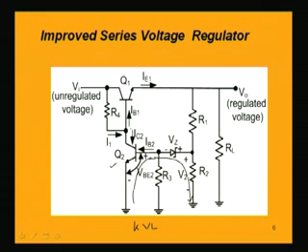We have to apply Kirchhoff's current law at this node, at this point. If we apply KCL, sum of the incoming current equal to sum of the outgoing current. What are the incoming currents at this point? We can see here that one current is coming through R4. Let us name it as I1. I1 is the incoming current, IC2 is the outgoing current, that is the collector current for the second transistor, and the other outgoing current is IB1, which is the base current for the first transistor.